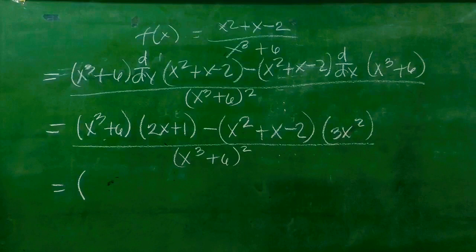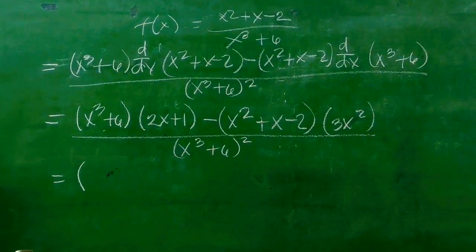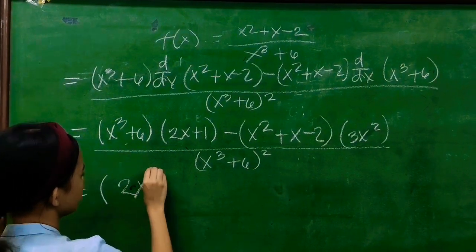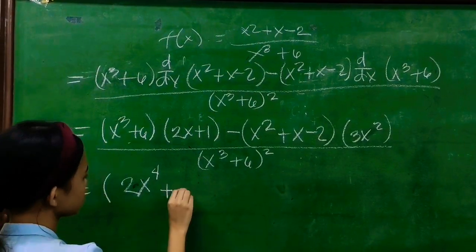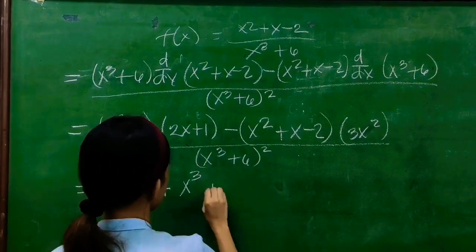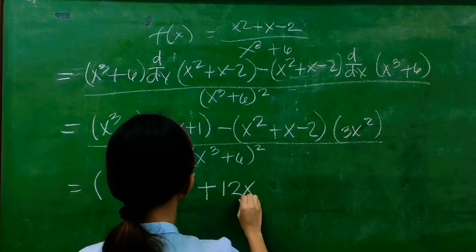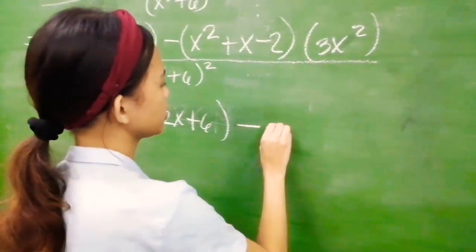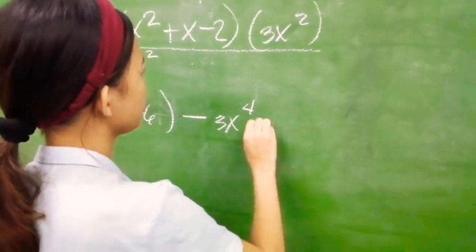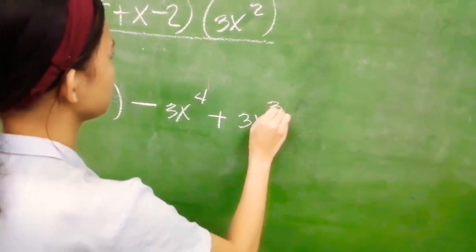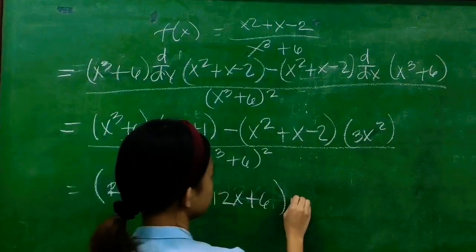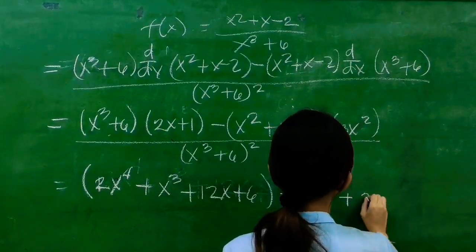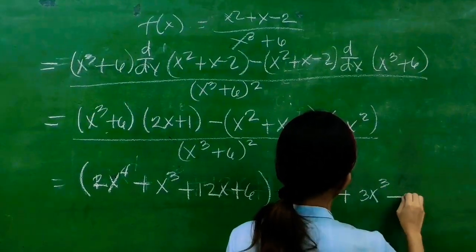2x raised to the power of 4 plus x cubed plus 12x plus 6, minus 3x raised to the power of 4 plus 3x cubed minus 6x squared, over the denominator x cubed plus 6 squared.